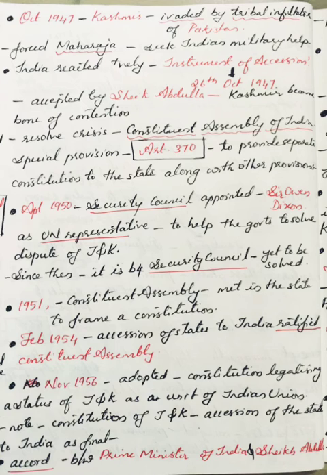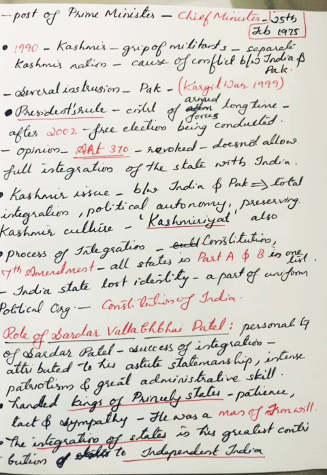It is significant to note that the Constitution of Jammu and Kashmir declared the accession of the state to India as final. As per the accord reached between the Prime Minister of India and Sheikh Abdullah, the post of Prime Minister of Jammu and Kashmir was redesignated as Chief Minister of Jammu and Kashmir on 25th February 1975.